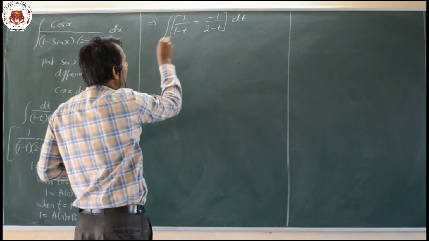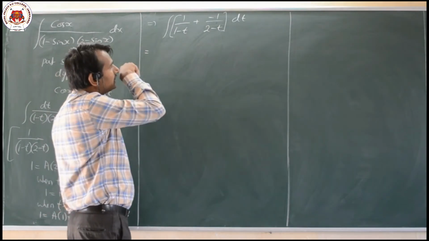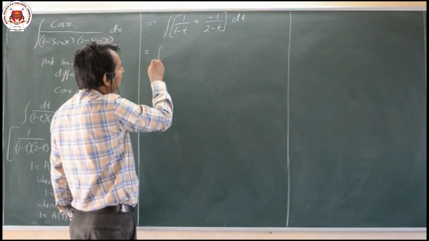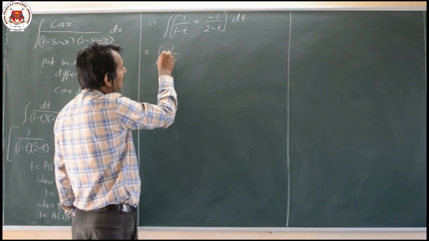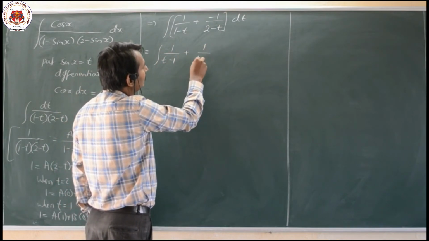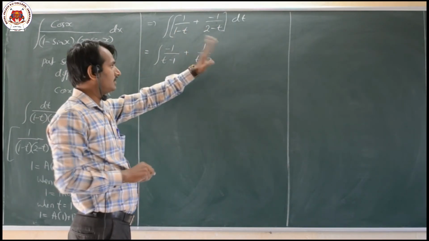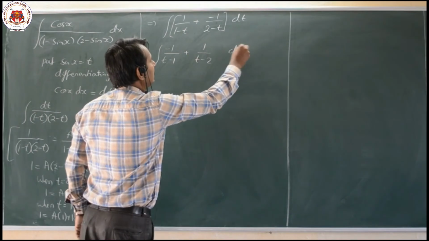Now you can integrate, which is equal to, okay, so what we have by integration, can I write it as integration of 1 divided by minus of t minus 1 plus of 1 divided by t minus 2, if I take minus t common outside, into dt.